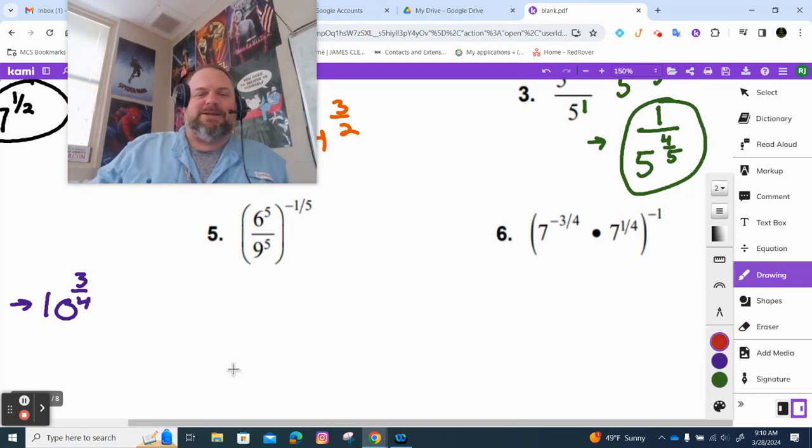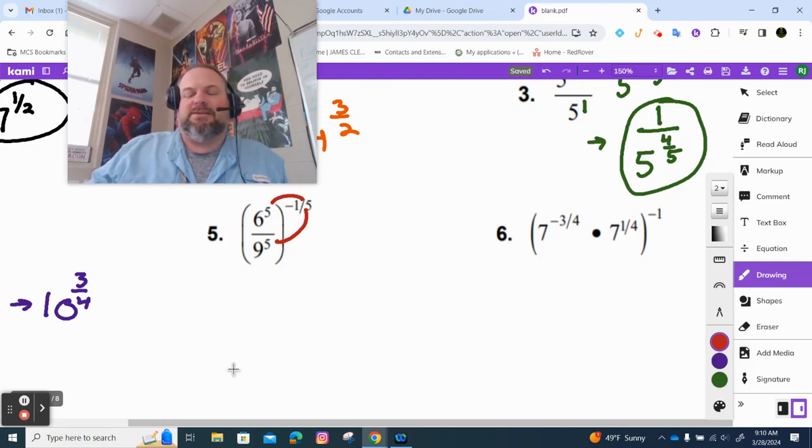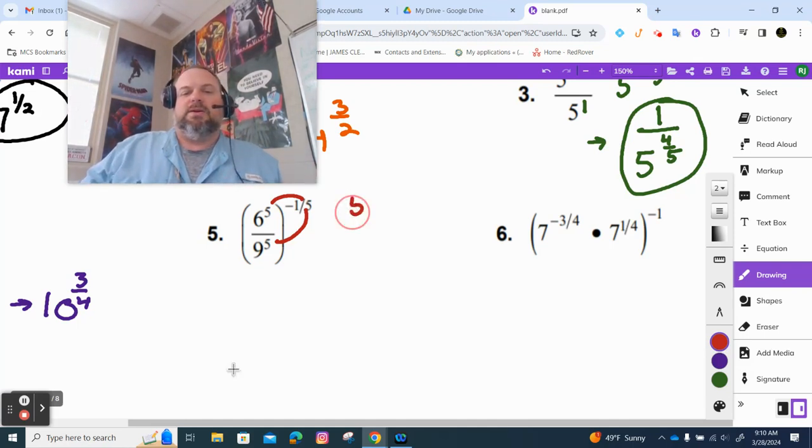So basically, what this ends up being, you're going to multiply this negative 1/5 to these fives right here, these exponents. Supposedly you would do it twice, but what if we actually just did it once and wrote the answer down twice?